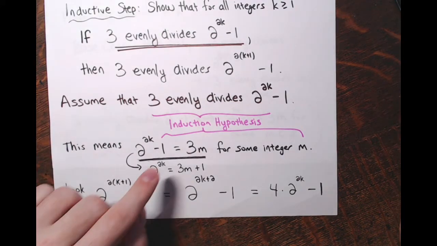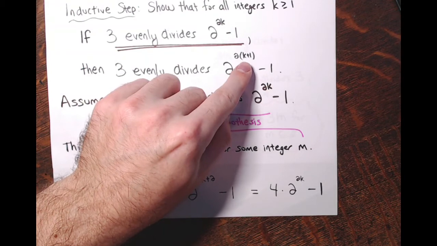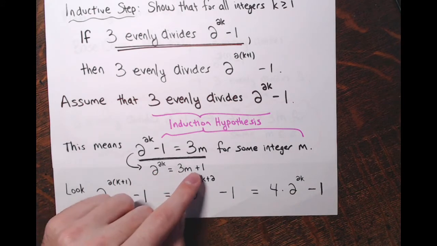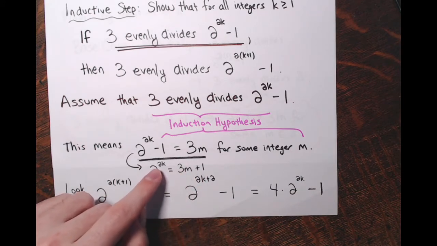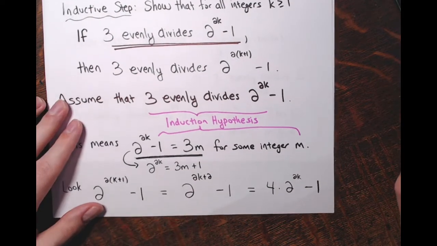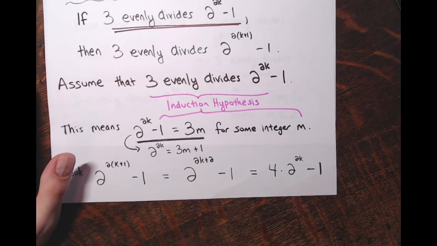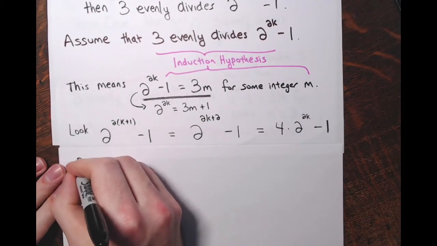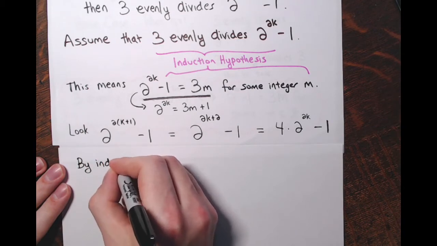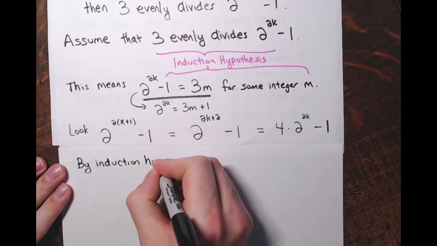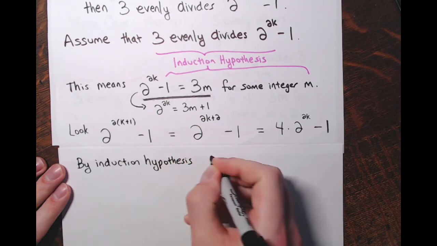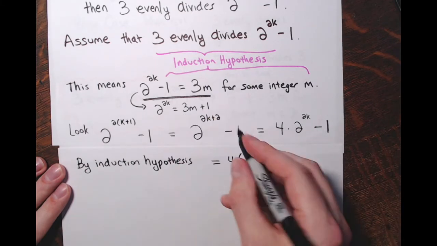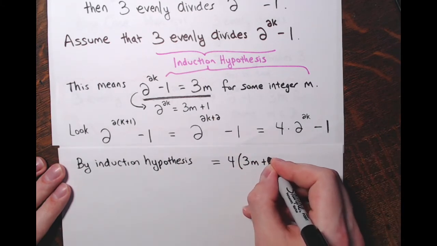So I started off with 2 to the 2 times k plus 1 power minus 1. We got it now to involve 2 to the 2k, and then I can use the induction hypothesis to say, hey, 2 to the 2k, that's some multiple of 3 plus 1. So by our induction hypothesis, this is equal to 4 times, and then again 2 to the 2k is 3m, 3 times some integer m plus 1.